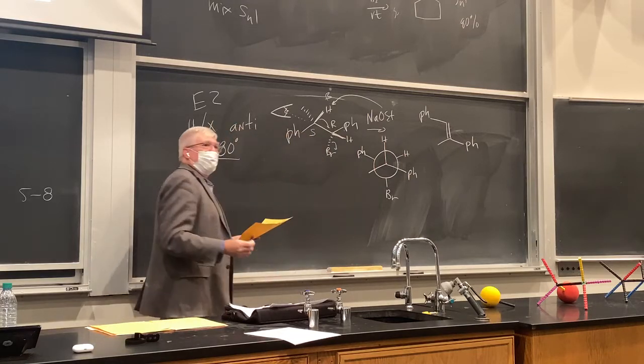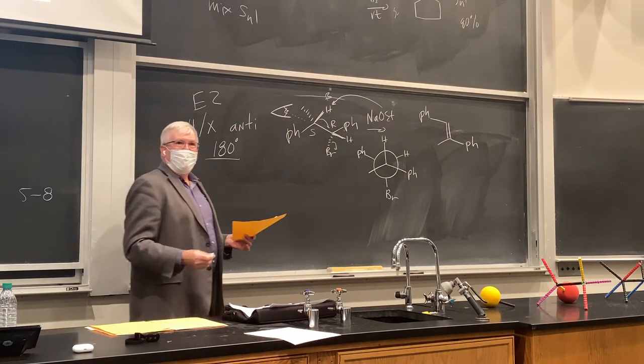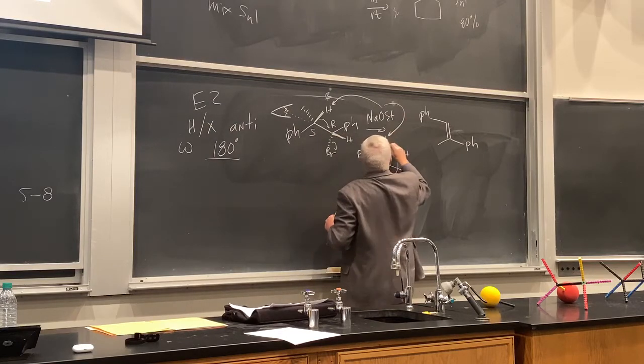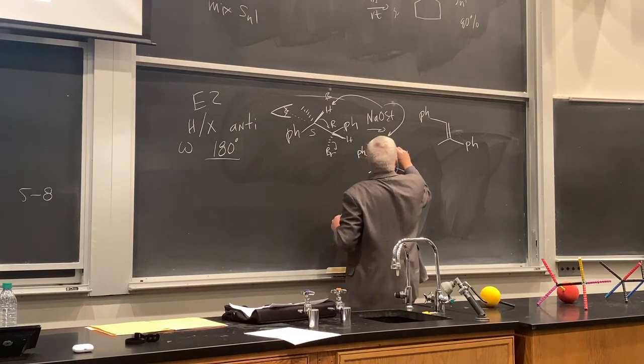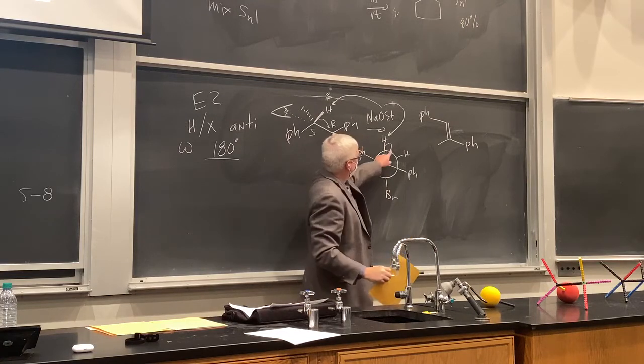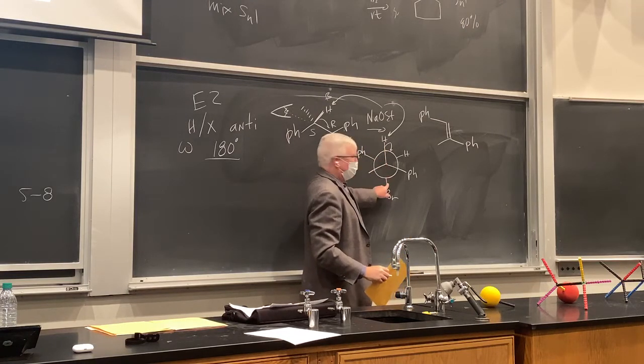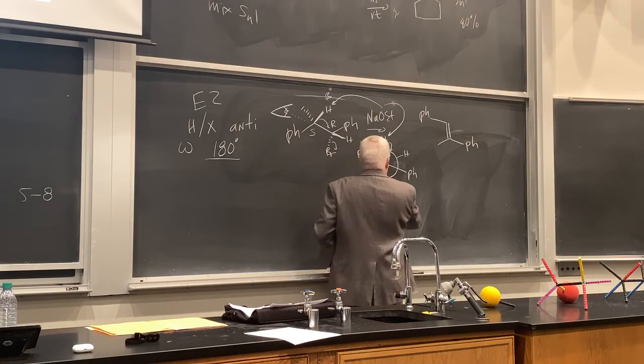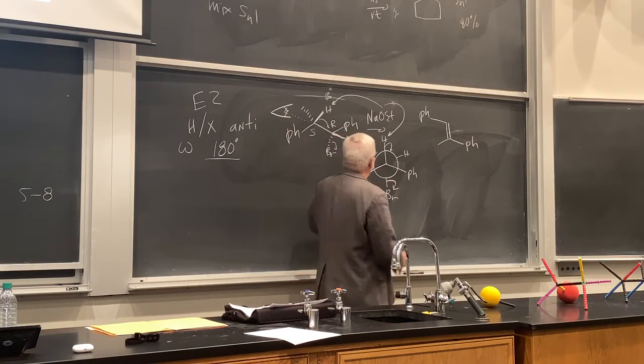And we can do the mechanism from this Newman projection too and see the stereoelectronics borne out here. Grab that proton, flow the electrons down in the back. That's where the sigma star is, right? On the back of this sigma bond. And as those electrons flow in, we flow the leaving group off, and you can see, yeah.